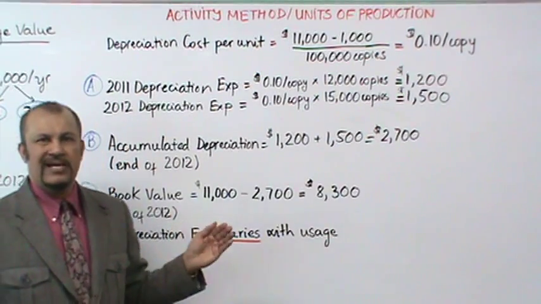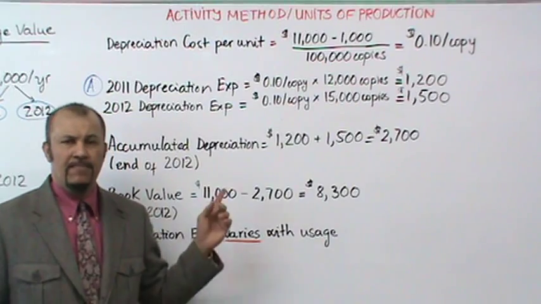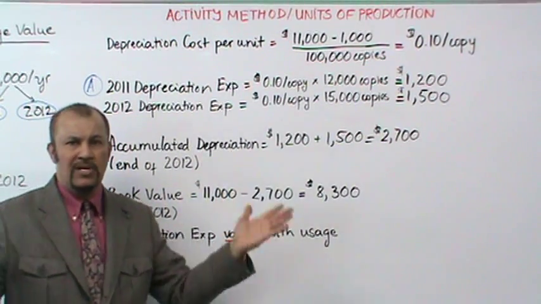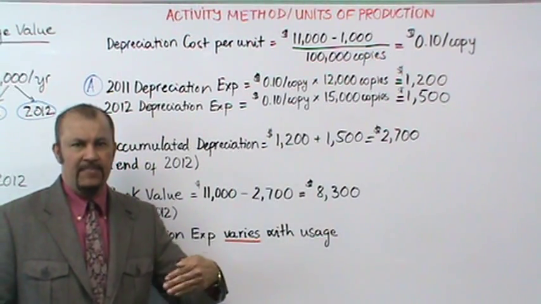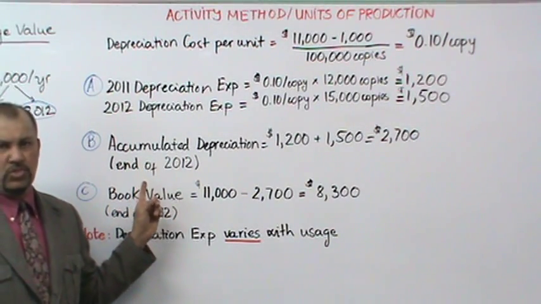Next, we'll talk about accumulated depreciation, and like before under the straight line method, the formula is the same. The accumulated depreciation is the total depreciation you have taken from the day you bought the asset till today. Today in this case would be your accumulated depreciation through the end of 2012.